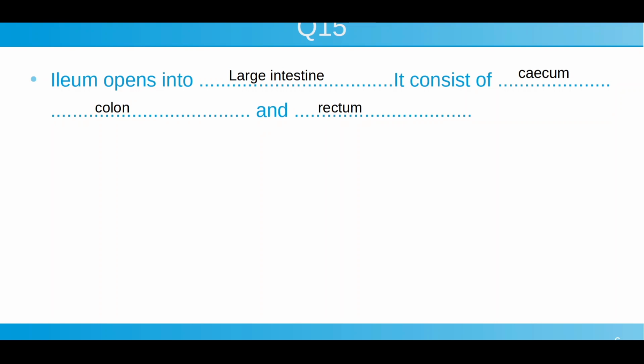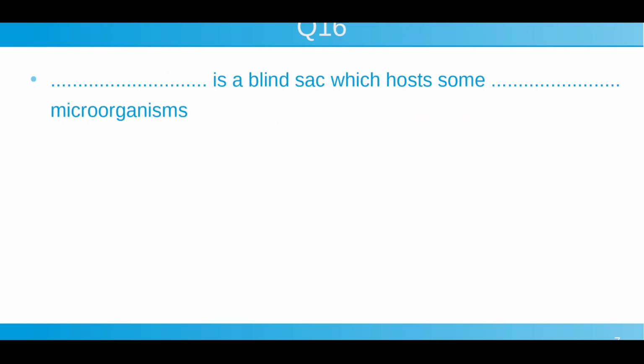Very important question is asked. Question number 16. Dash is a blind sac which hosts some dash microorganisms. So cecum is a blind sac which hosts some symbiotic microorganisms.